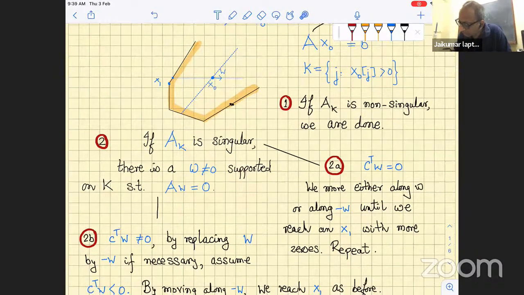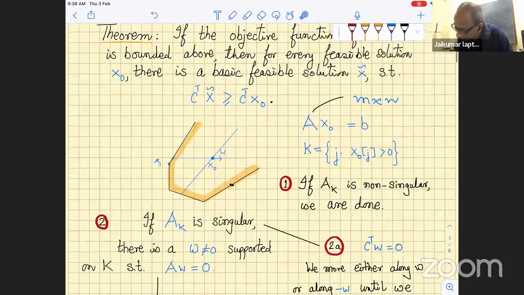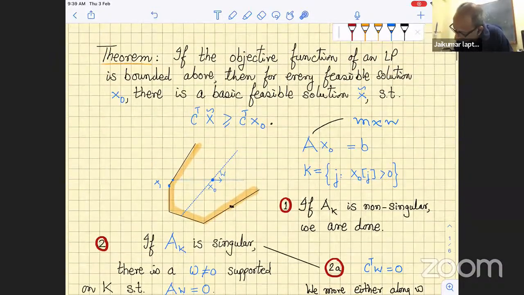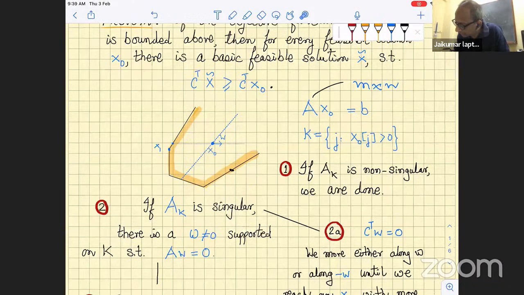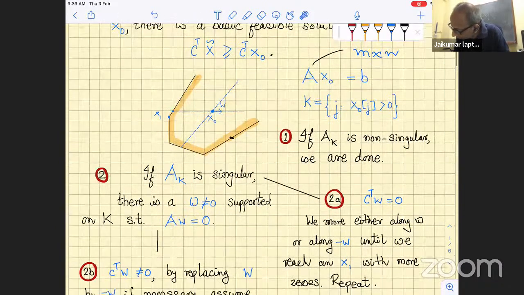Now look at this vector W. This is what Shubhada pointed out last time. We need to understand what happens when we move in the direction of W. What happens to the objective function when we move in the direction W from this point x0? Suppose moving in the direction W doesn't change the value of the objective function.